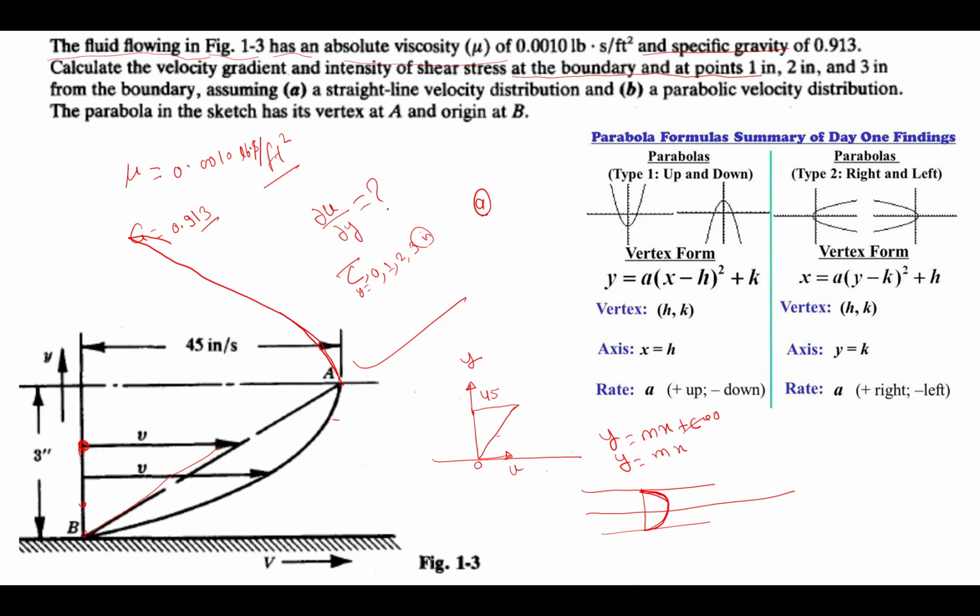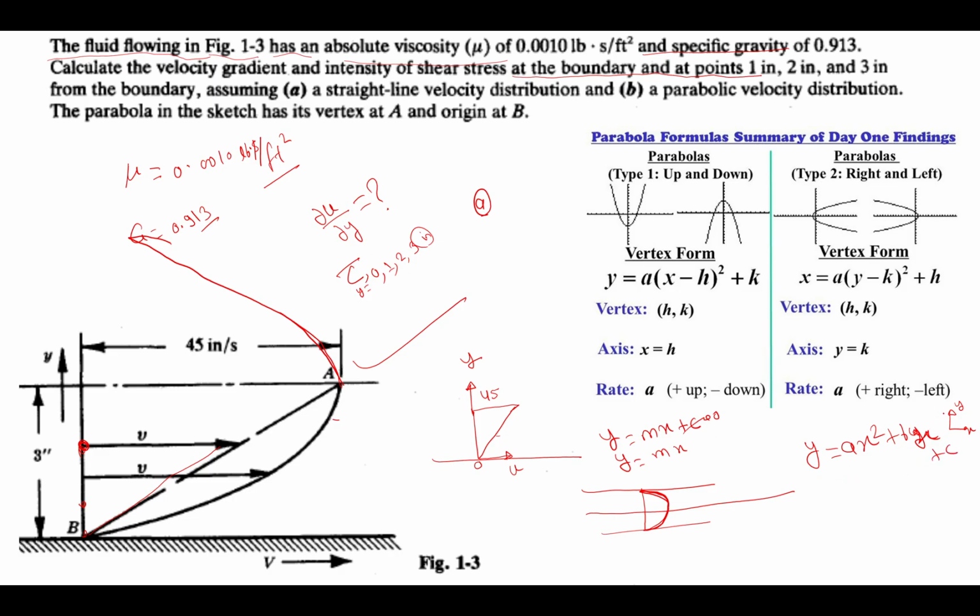And for parabolic, what will you do? For parabolic, we need to write the equation in quadratic form, because from the very basics your parabolic equation is quadratic type: ax squared plus bx plus c, if this is the x direction.